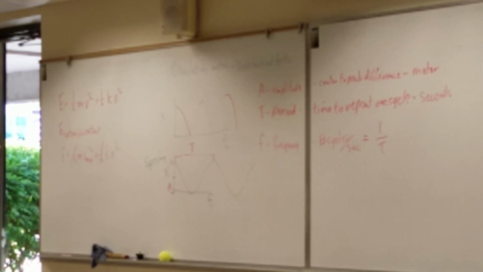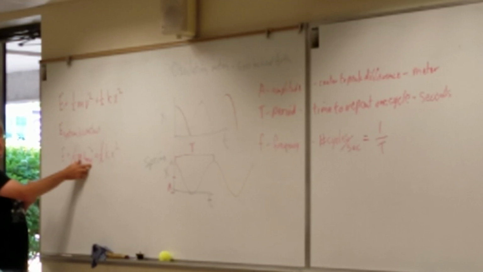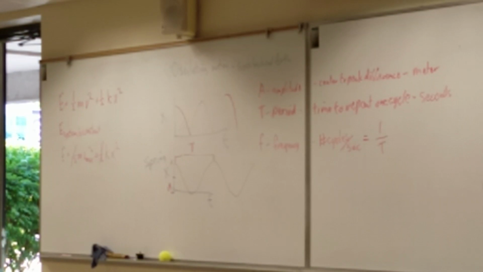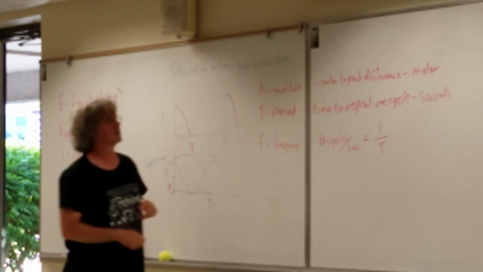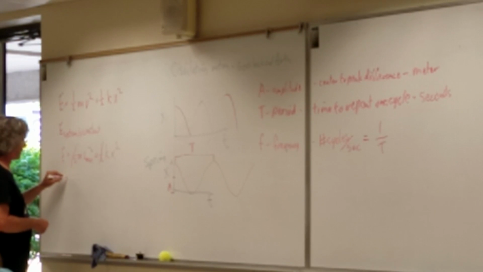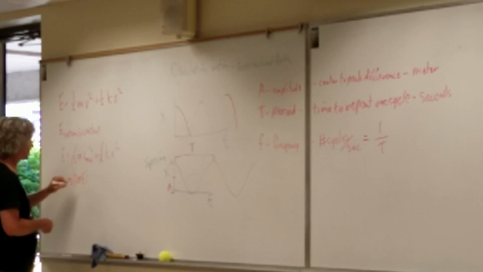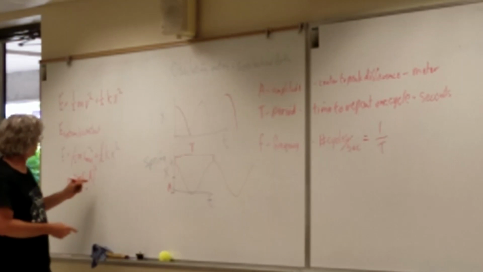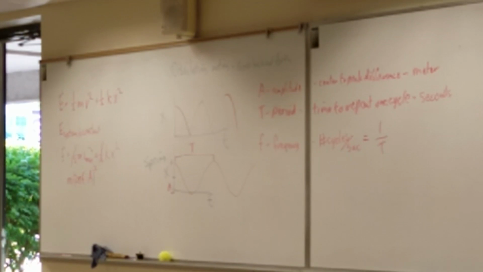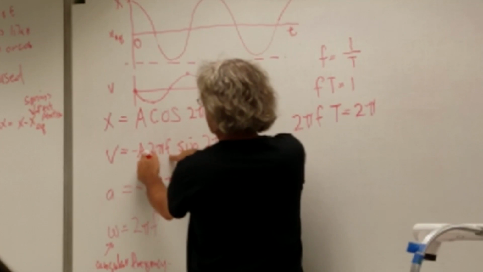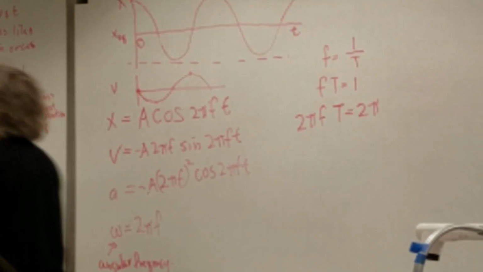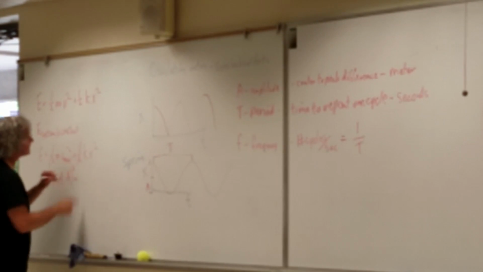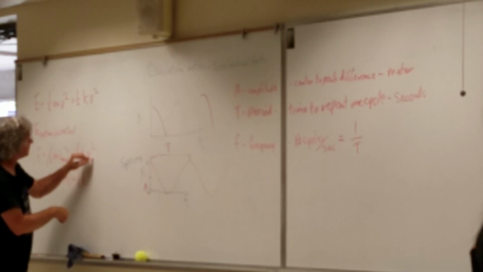And then, because we know the equations of motion, we know what this v max is, right? V max is A omega, or we'll write it as 2 pi f A. So m times v max, which is 2 pi f A, squared, equals one half k, well, x max squared.